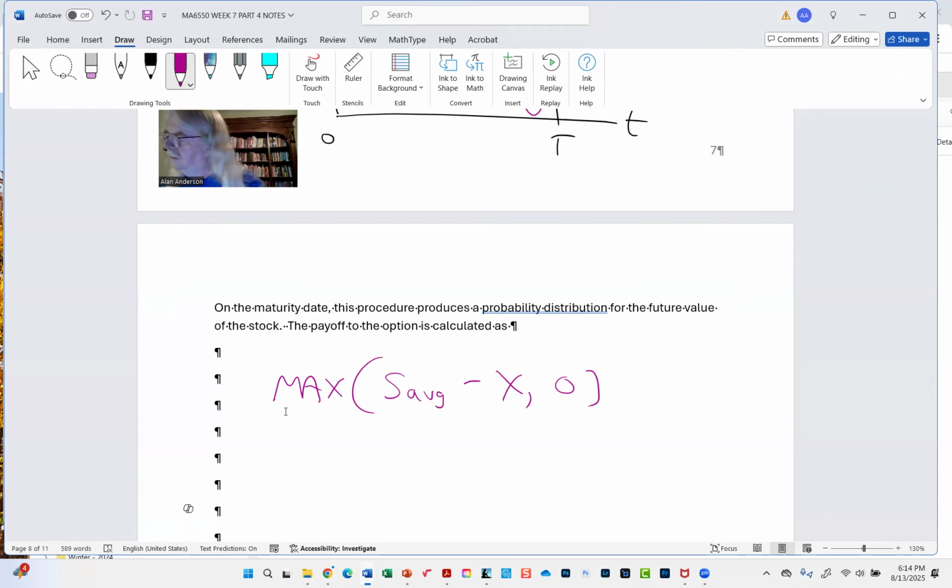And then the call price itself is the present value of this average payoff.